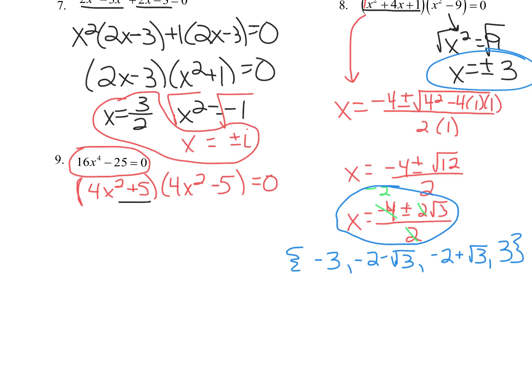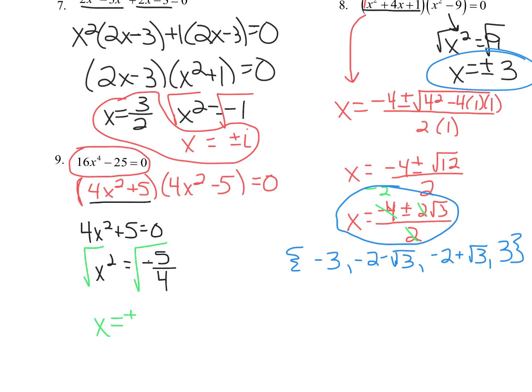So I'm going to set this one equal to 0 first, and I'm going to write out the whole thing, or at least write it once. So here I'm going to subtract 5 and divide by 4, and I get x squared equals negative 5 fourths. Then we'll take a square root.